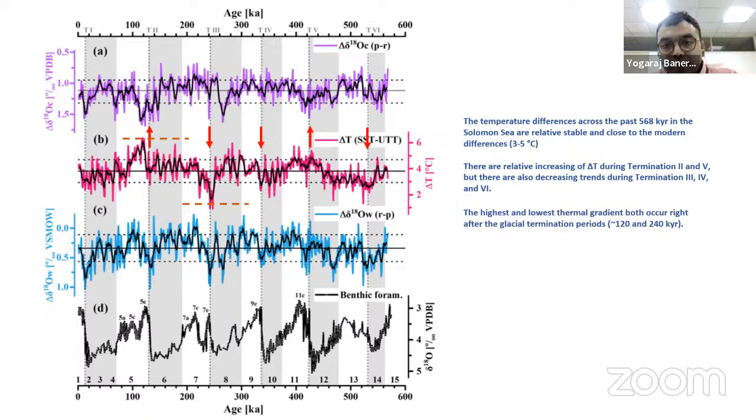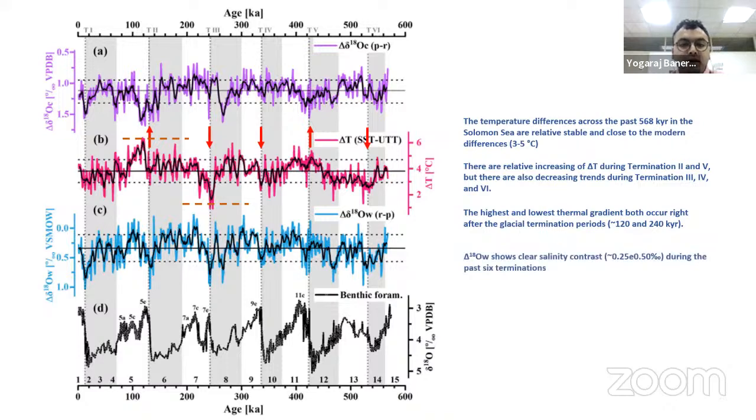And also we can see that the highest and the lowest thermal gradient occurred right after the glacial termination, around 120 kilo year and then around 240 kilo year. Those are the time intervals marked by the dashed line.